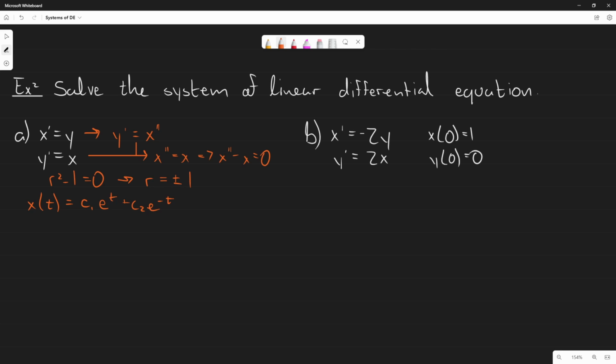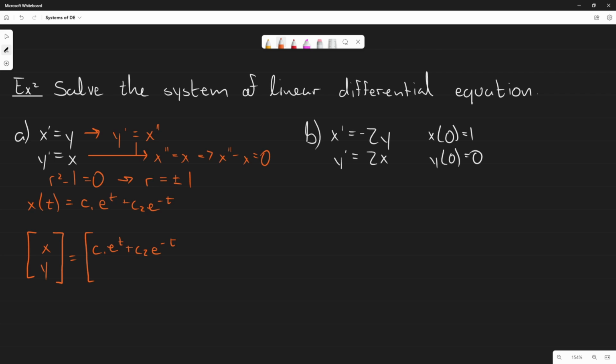So we pretty much solved it, but we have to find the solution for the system of equations. This tells us that we only found half, our x, and we're just missing our y. We know what our y is because y is equal to x prime.